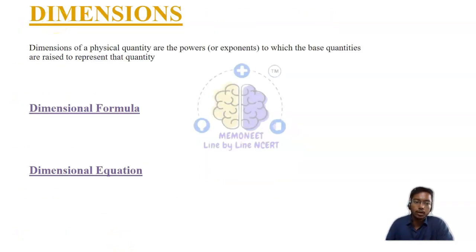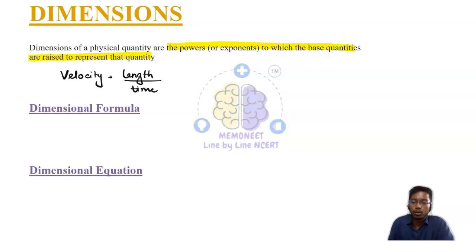Dimensions of a physical quantity are the powers or exponents to which the base quantities are raised to represent that quantity. What do you mean by dimension? It is the power to which the quantity is raised. Let's say we have velocity. Velocity is equal to length upon time.